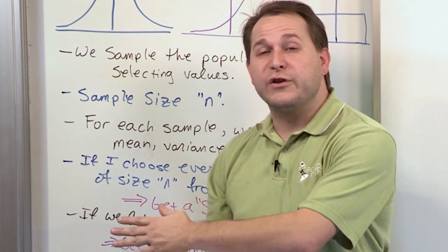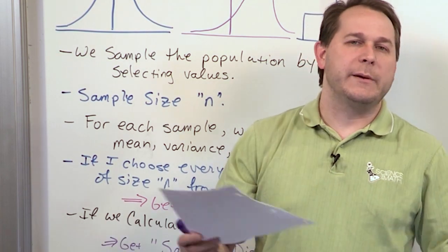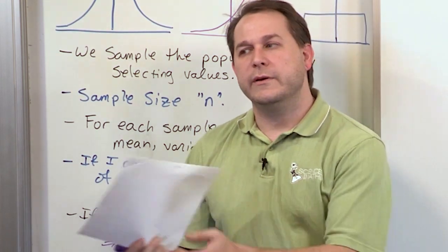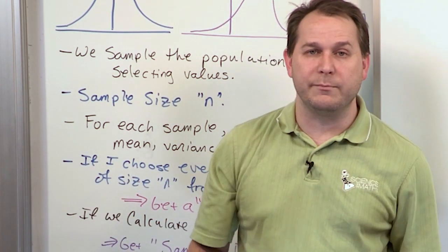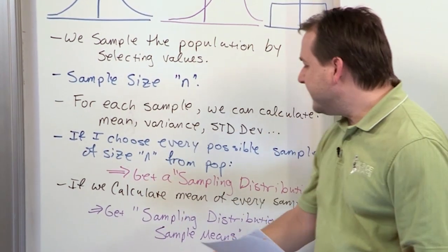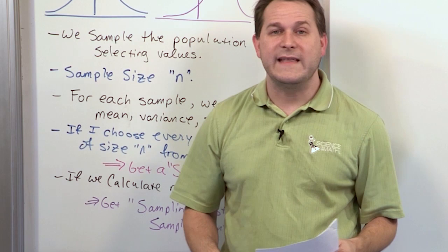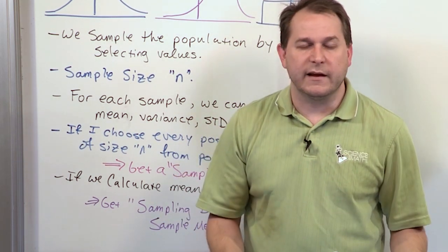Now, if I do this for the whole population, which is really impractical, I mean, you're really not going to be able to call everybody in North America, but what you get whenever you theoretically call everybody, in terms of the sample means, is a sampling distribution of sample means. That's what I'm really trying to teach you in this lesson: the terminology.